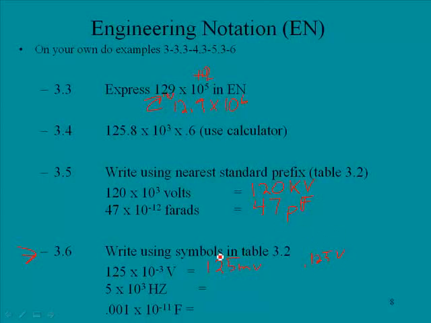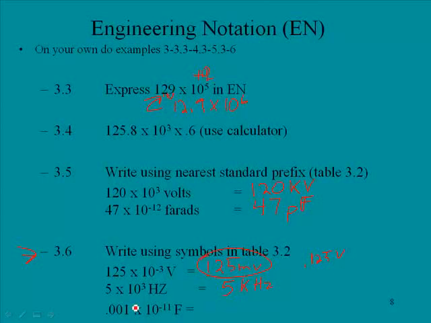We would typically, though, in electronics, write that like this, 125 millivolts. Then we have 5 times 10 to the 3rd hertz. Remember, 10 to the 3rd is 1,000, so that would be a K. So we would say 5K and the Hz for hertz.